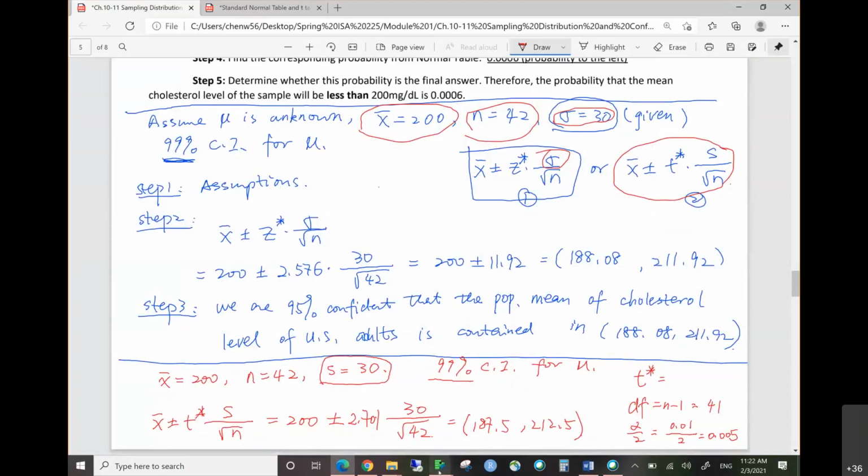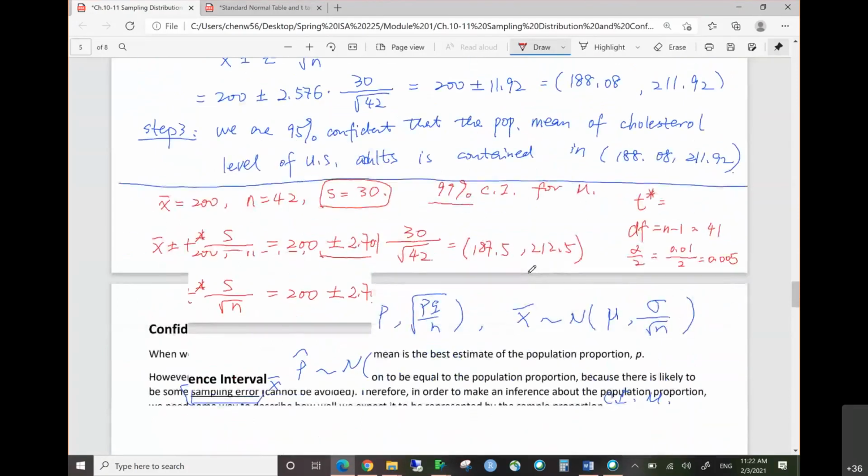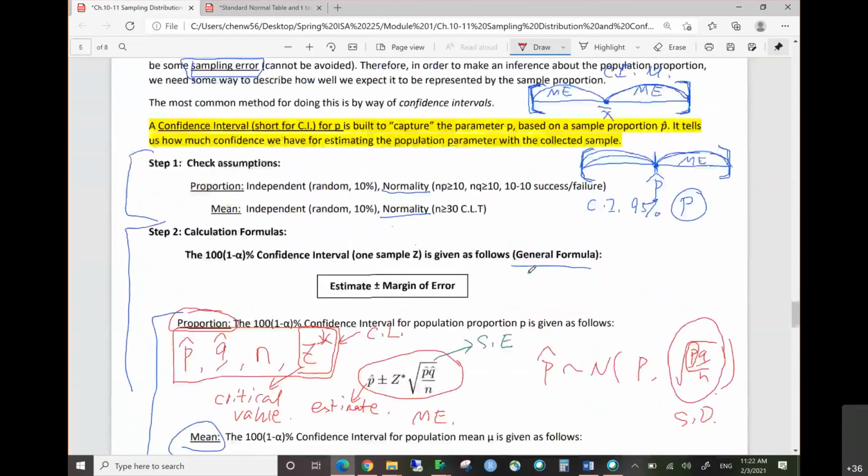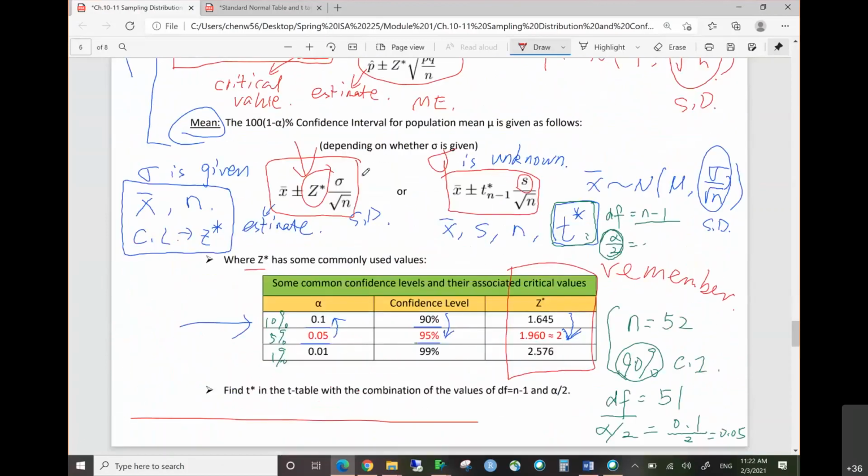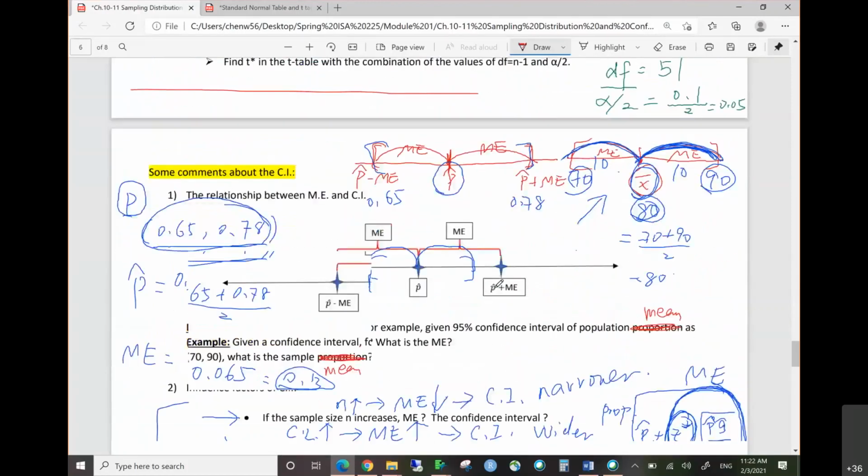We provide JMP so that you don't need to work so hard if you have a long data set. In our exam, you still need to calculate by hand, but in your project, you will be asked to use JMP to provide all your output so that you can have your conclusion. So we need to learn both sides.